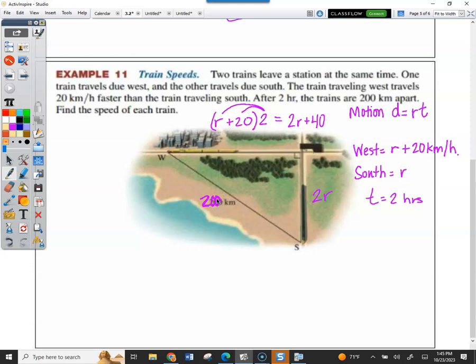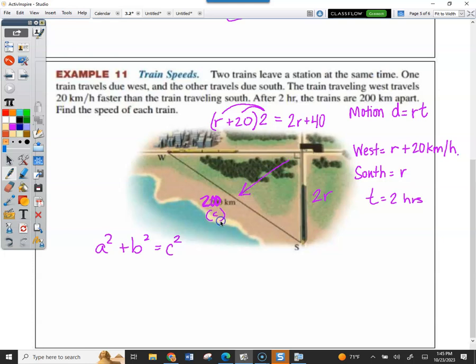Who's the good old guy that came up with this? Pythagoras. The Pythagorean theorem: A squared plus B squared equals C squared, where C is the hypotenuse.